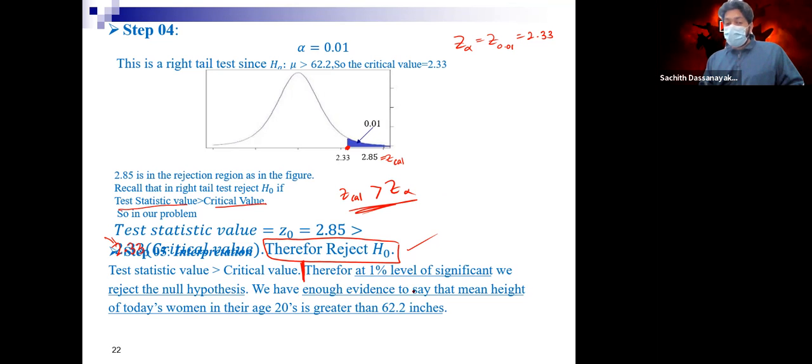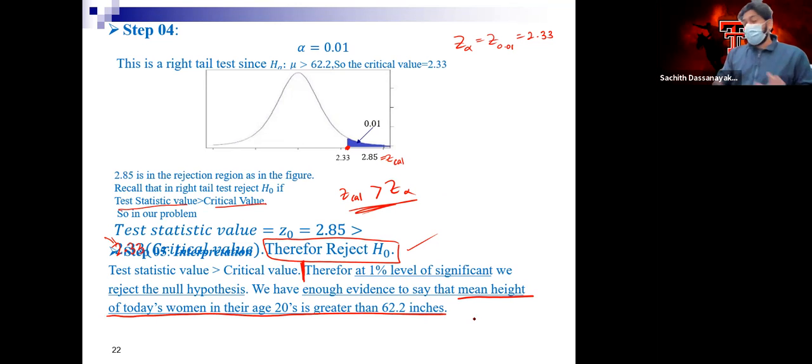Since we are rejecting H naught, we have enough evidence to say HA, which is the researcher's hypothesis or researcher's claim. If in any case you do not reject H naught, you have to say we do not have enough evidence to say the researcher's claim, right?